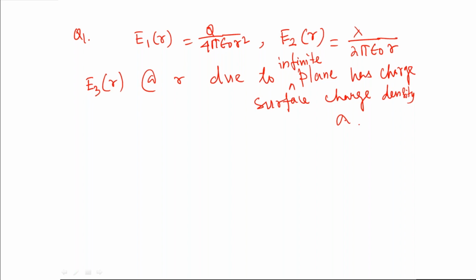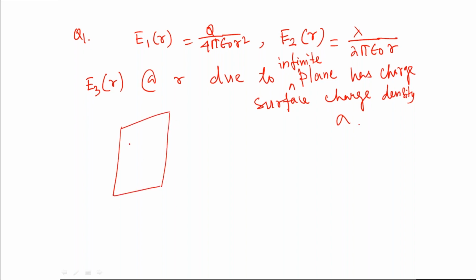So I'll just write the expression for the electric field. I think Priyadarshini or Nikhil can tell what is the expression for the electric field for an infinite plane. I'm just drawing a part of the infinite plane. Infinite plane means two dimensions.